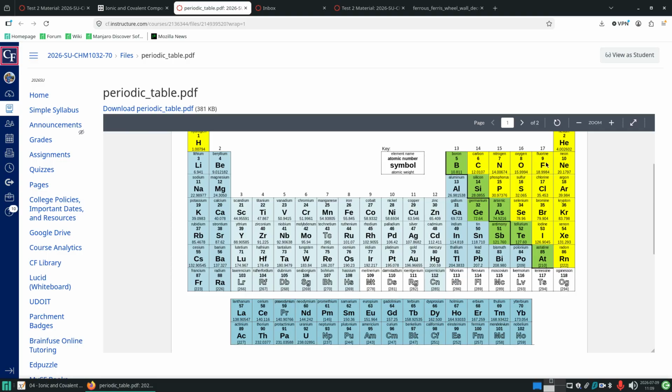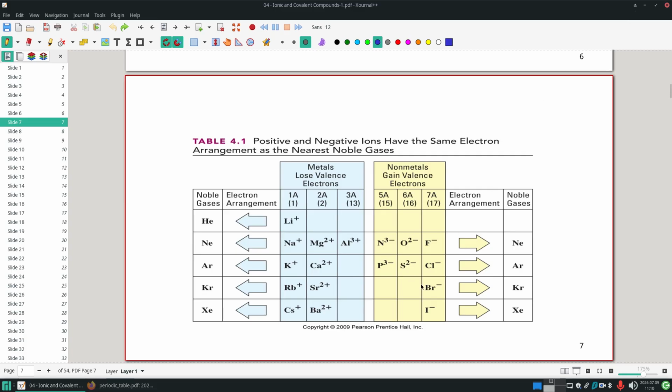Everything here that's yellow, fluorine, chlorine, bromine, and iodine, likes to gain 1 electron, so they like to be negatively charged. Oxygen and sulfur and selenium like to be -2, and nitrogen and phosphorus like to be -3. And no real exceptions to that. Now, selenium's not here because it does something else and it's rare, but we're just going to ignore it. And ignore the aluminum for just a moment. We're going to come back to that.